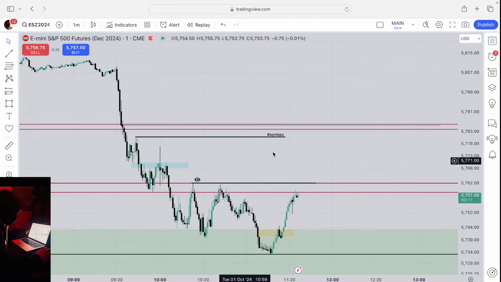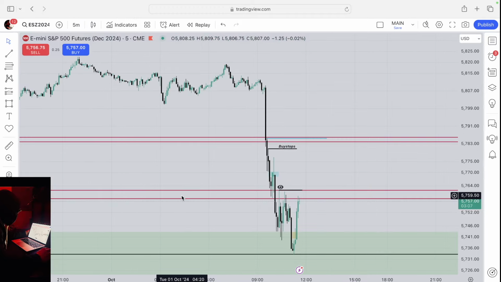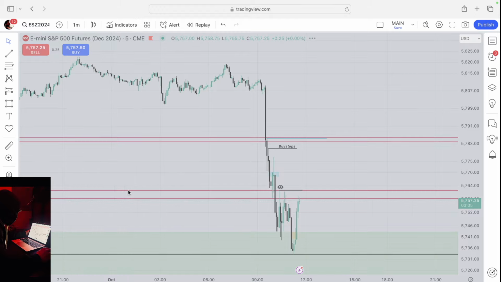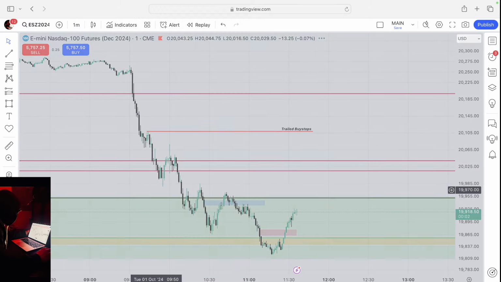I don't like this slow movement here, especially how close we are to the highs here on ES. Okay, it shouldn't really stall here. Okay, the volatility should absolutely surge to the upside.